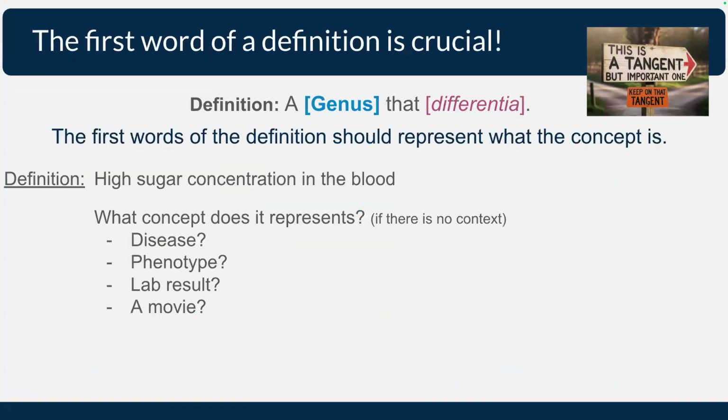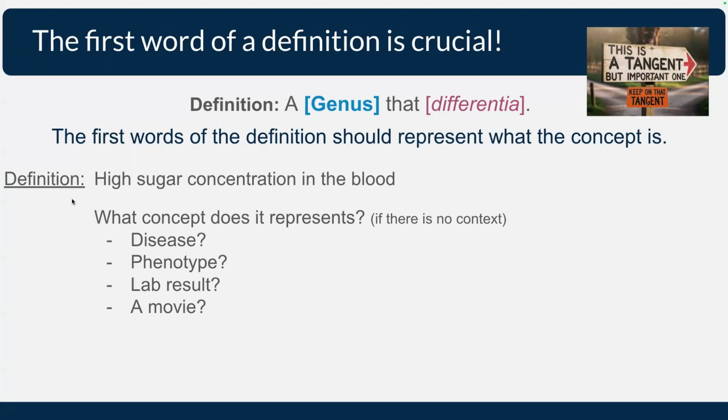Okay, second tangent, and if you have been working with me over the years in the ontology world, you have heard me say a million times: the genus differentia format also means that the first word of your definition really should be representing the concept that you're talking about.